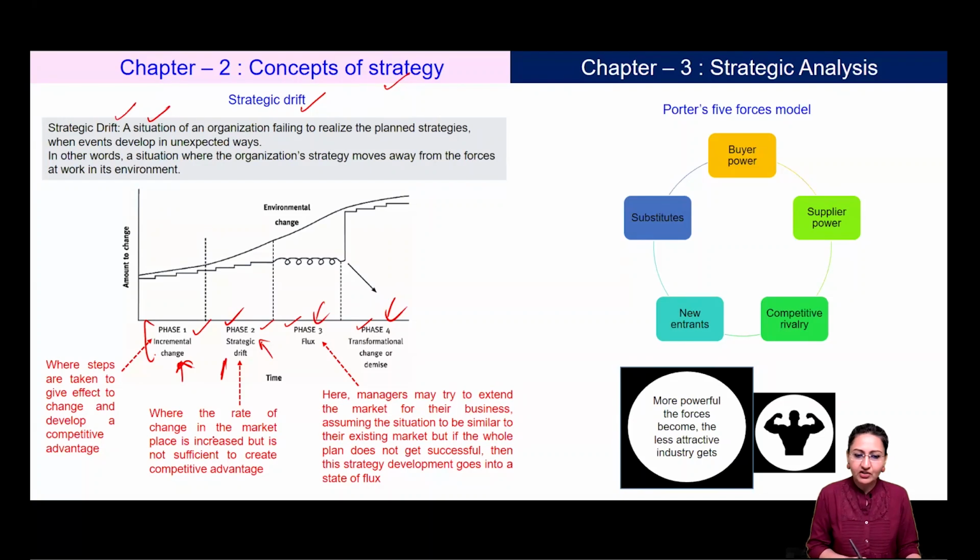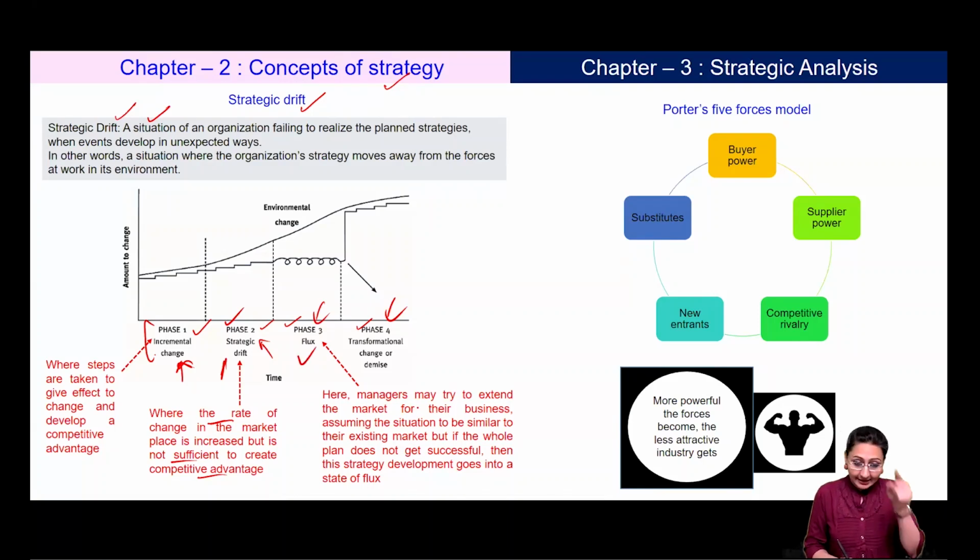The market changes with a pace which is faster than your pace of introducing new things to the market. That means at this point of time, the speed of change in the market is higher than your speed of change in your strategy. You do not get a competitive advantage because the market is changing faster.